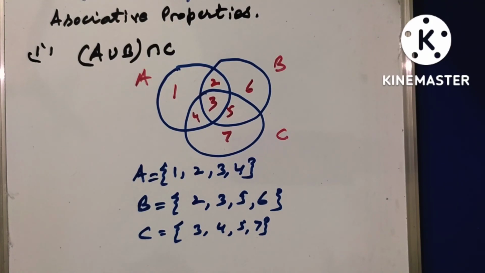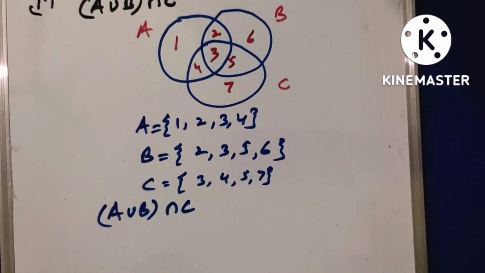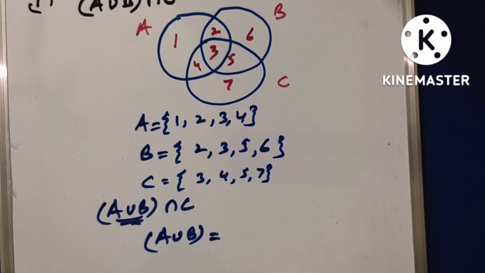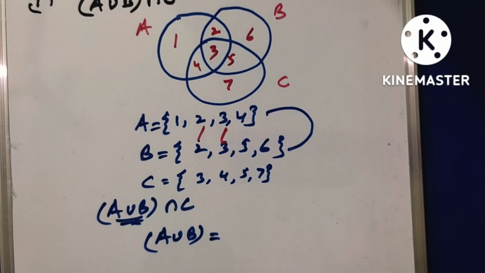Now our operation is A union B intersection C. First of all, we need to find out A union B. We have to combine the elements of A and B in such a way that their common elements are not repeated. 2, 3 we have to write only once. So 1, 2, 3, 4, 5, 6.